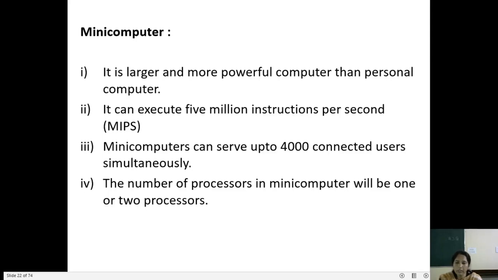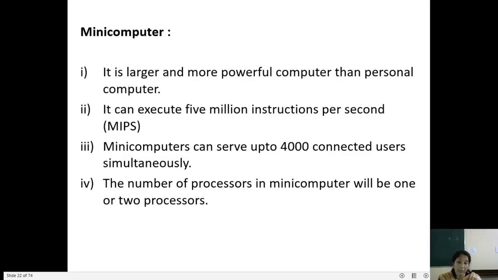A minicomputer is a little larger in size compared to the micro, and it is more powerful than a personal computer. These computers are generally used in the banking and company sectors. Compared to the microcomputer, the speed is 5 million instructions per second. Note this: minicomputers can serve up to 4,000 connected users simultaneously.